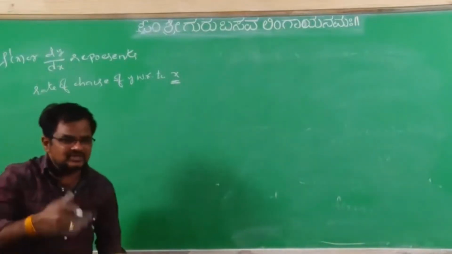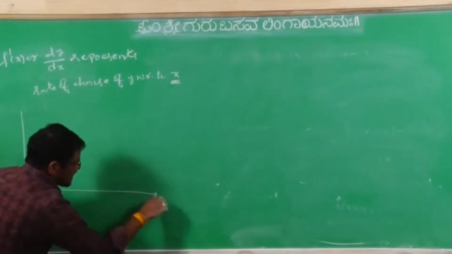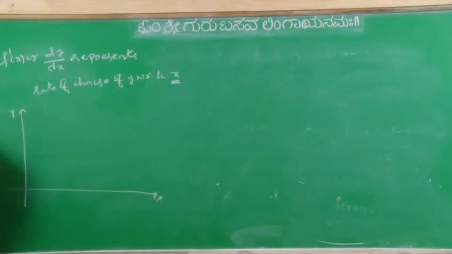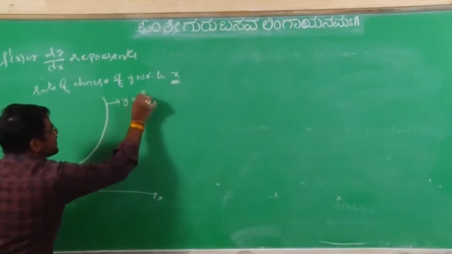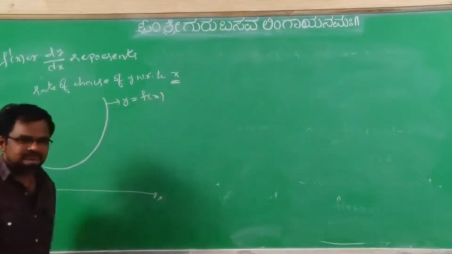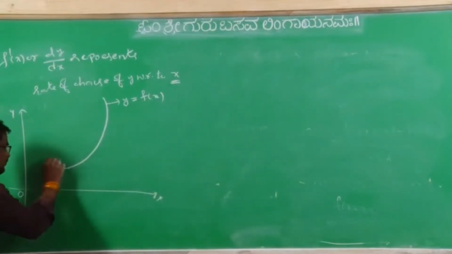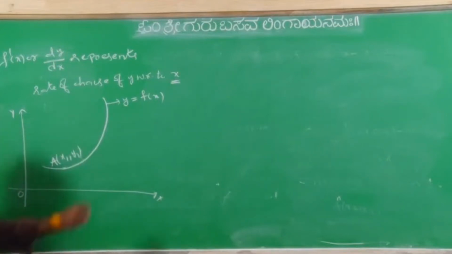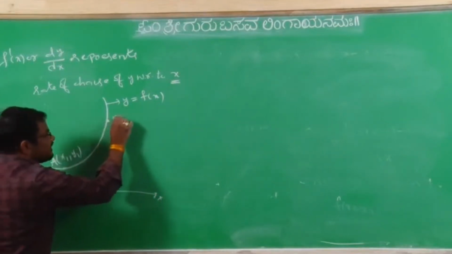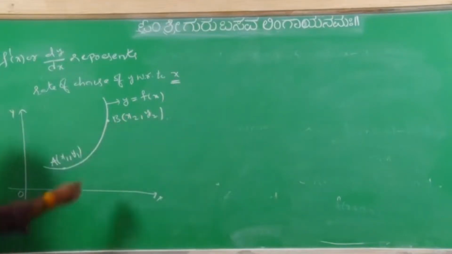So if you see it in terms of geometrical interpretation also, this is the x-axis and this is 0. Here I am taking one function, y equal to f of x. Now here, in geometry we proved this already. A is x1 comma y1, and here B is x2 comma y2.